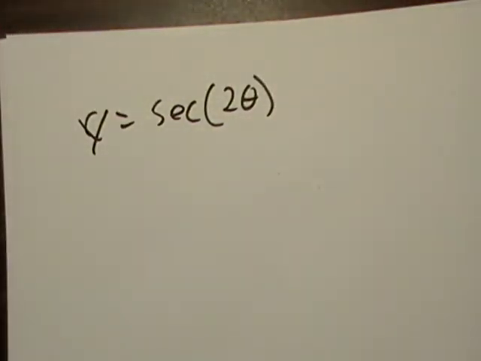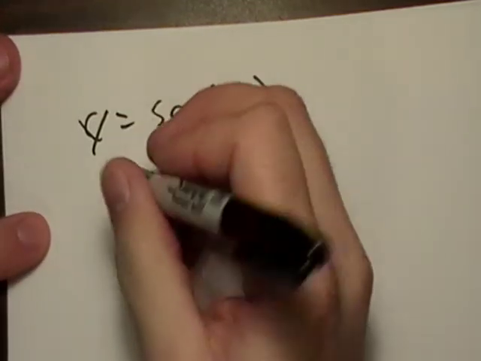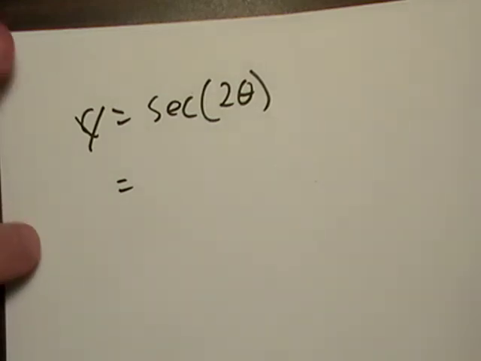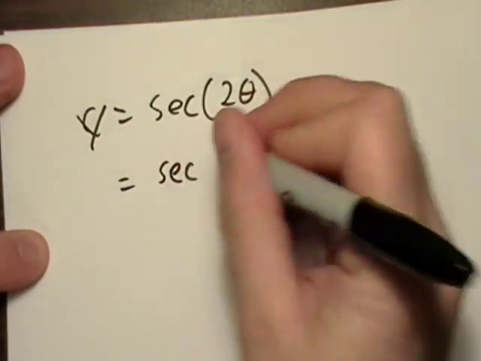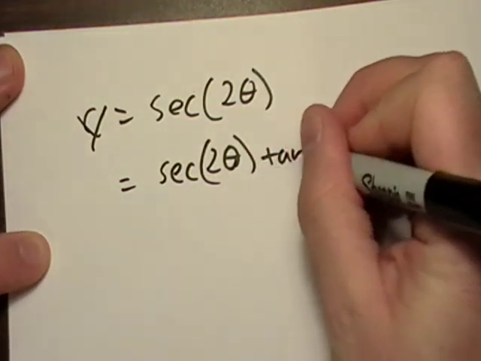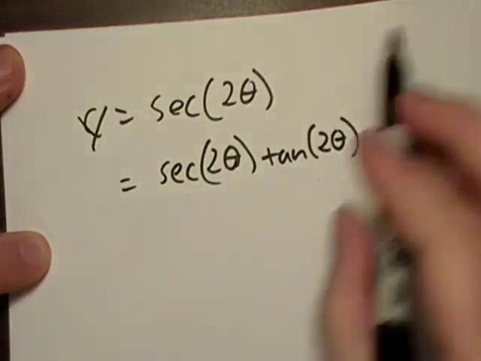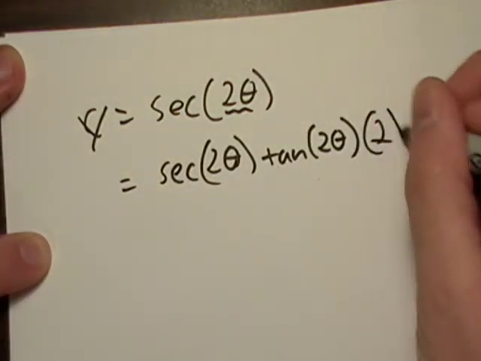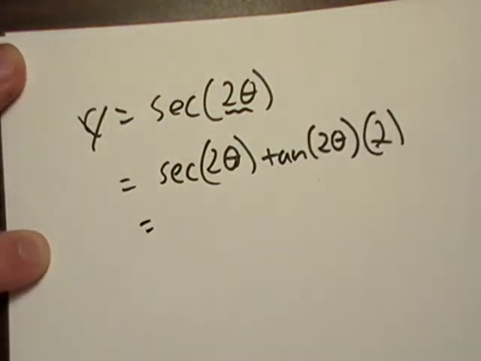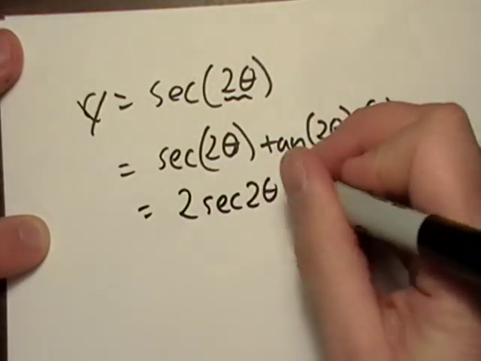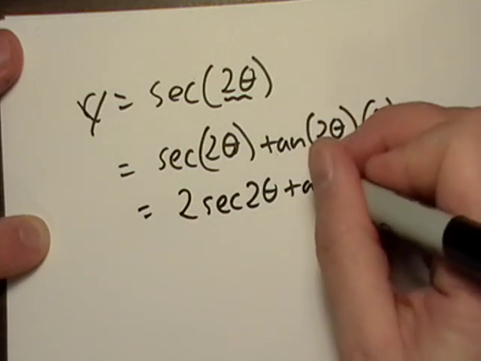What's the derivative of secant? Secant tangent, right? That's how I remember it. I just go secant tangent. So let's go secant 2 theta, tangent 2 theta. Now we just use our chain rule, and we go times 2. So we could just say 2 secant 2 theta tangent 2 theta.